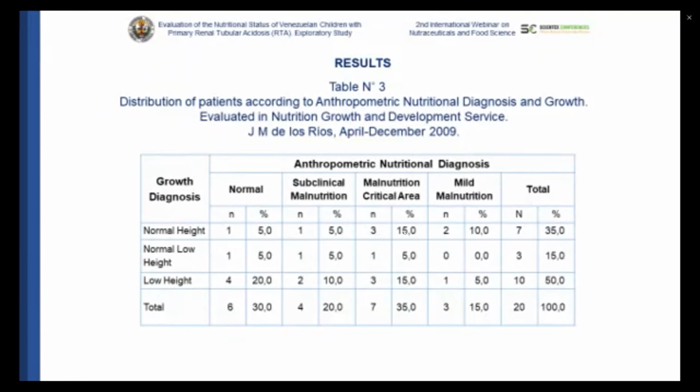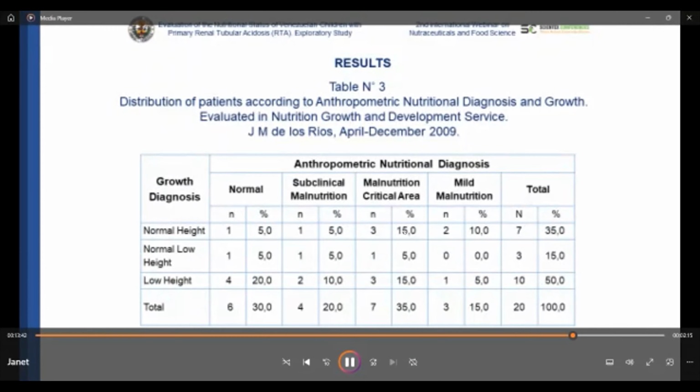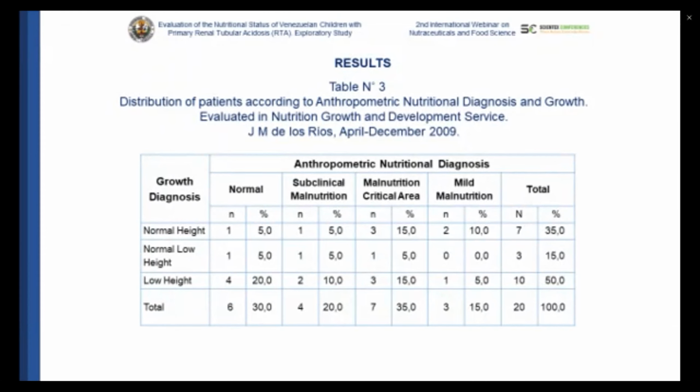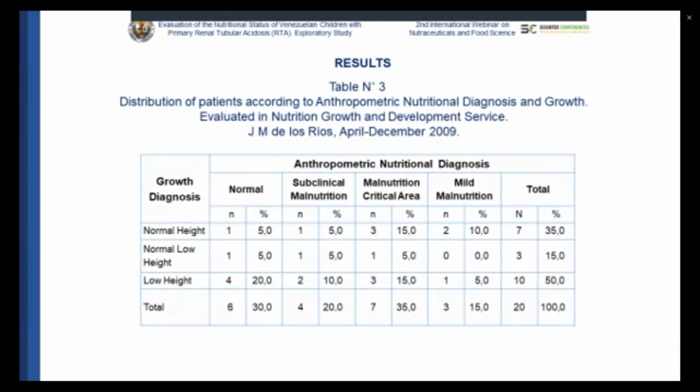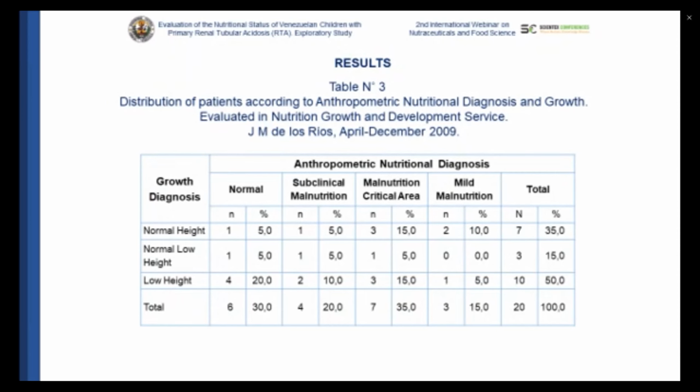Here it can be seen that 95% of all the children studied present some type of alteration of nutritional status either in the short or medium term, such as alteration of nutritional status without growth impairment, and growth alterations that are evident in the long term even with a normal current nutritional status.